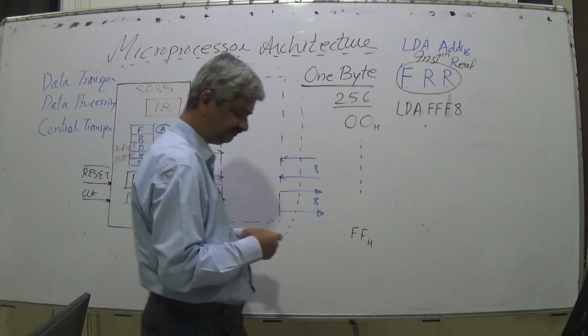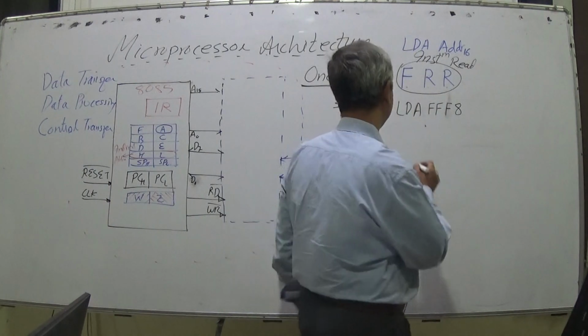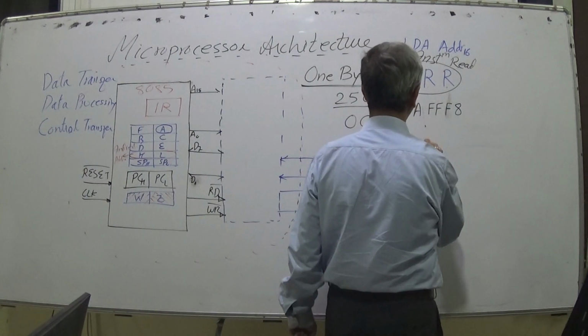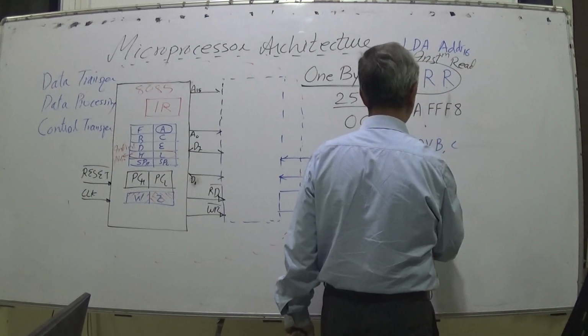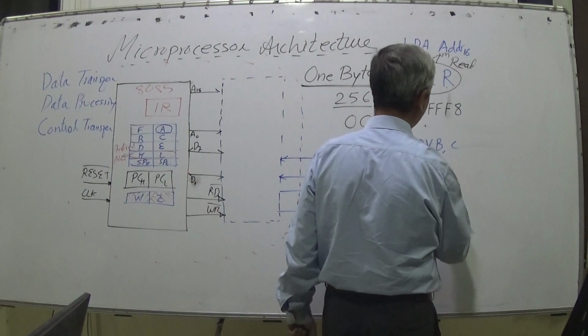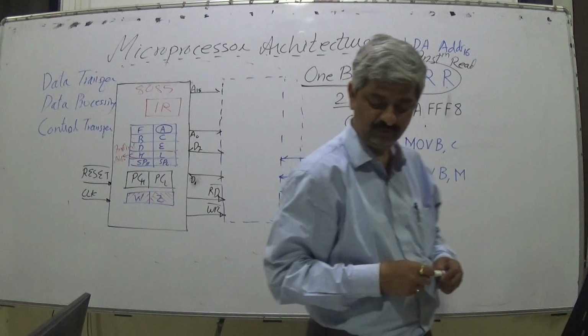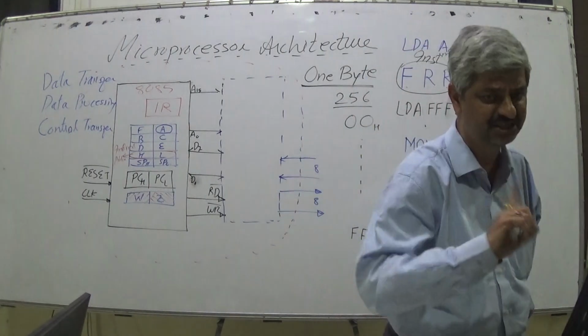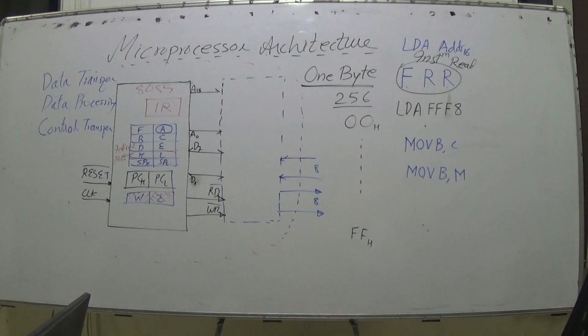In the instruction set, just like move B, C, there is one instruction, move B, M. What is that? M is not a register, but M is used to represent an external memory location. Which memory location?